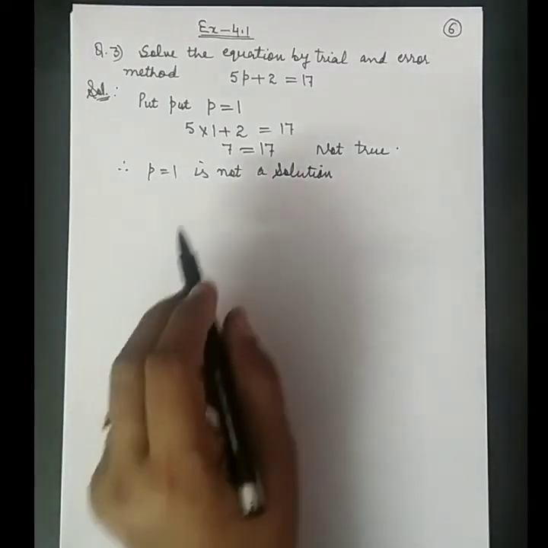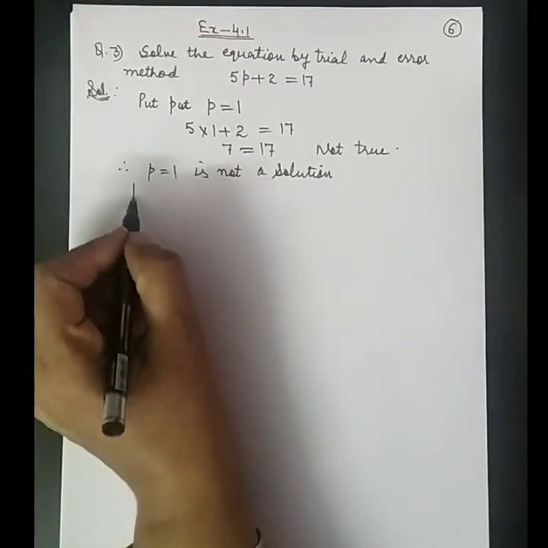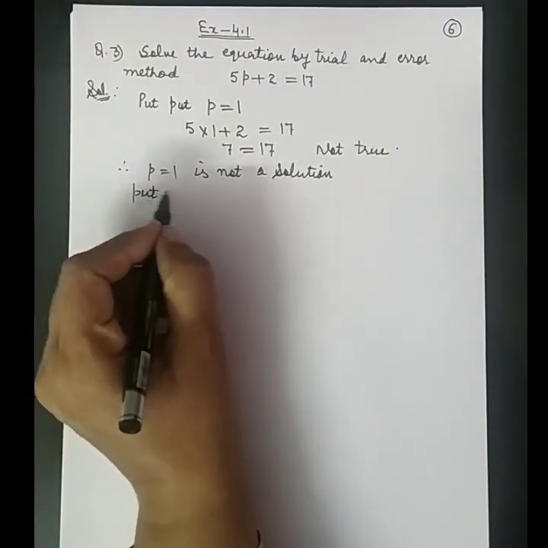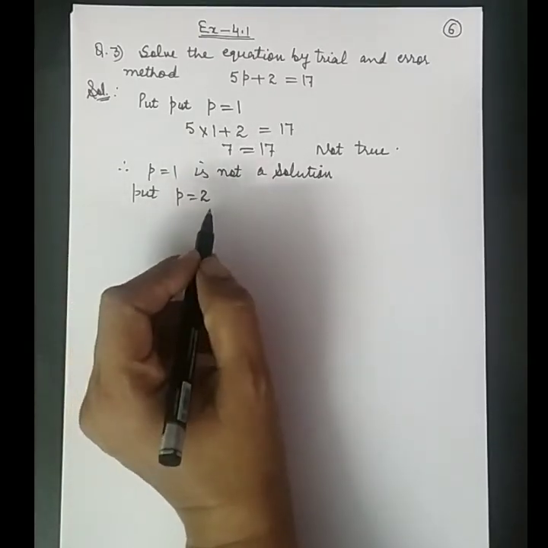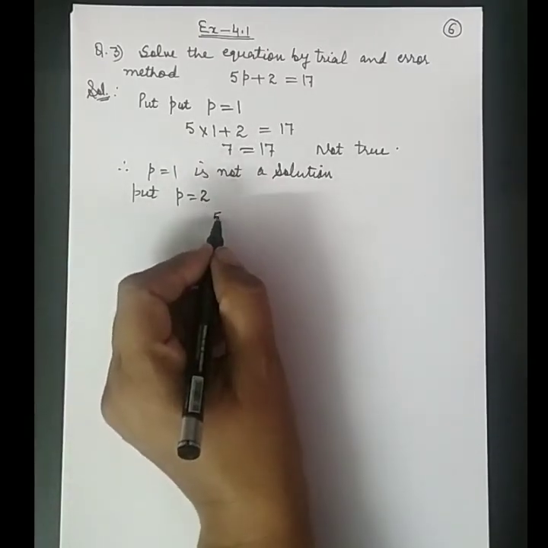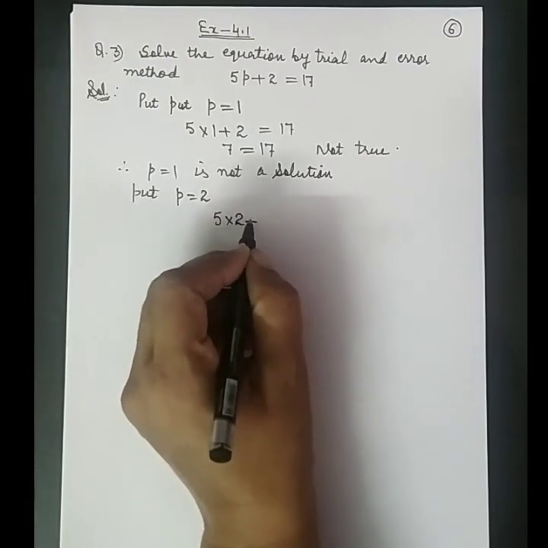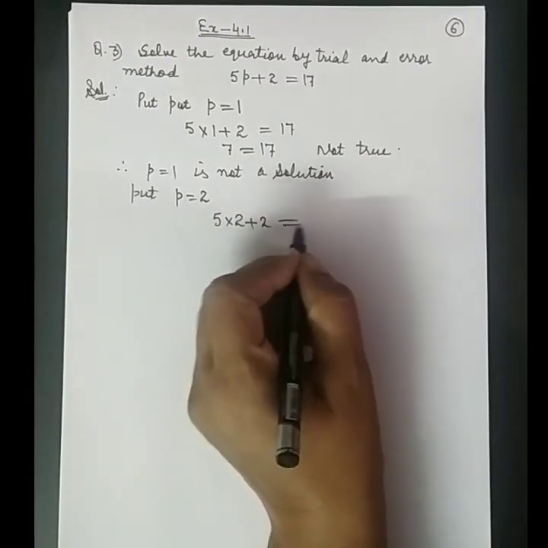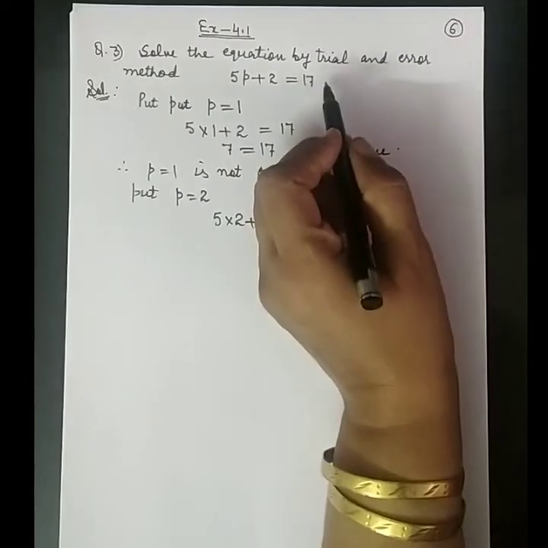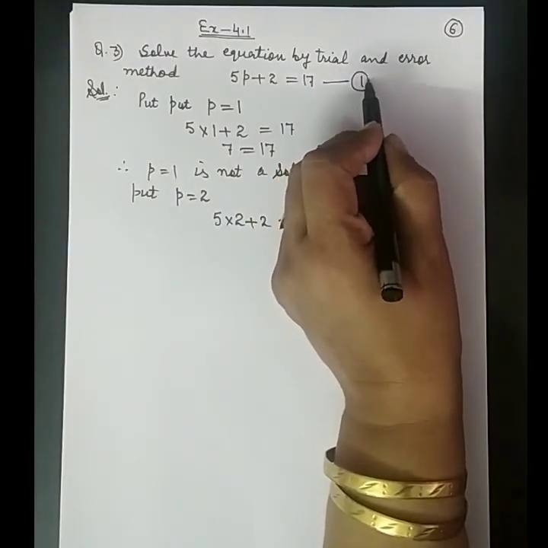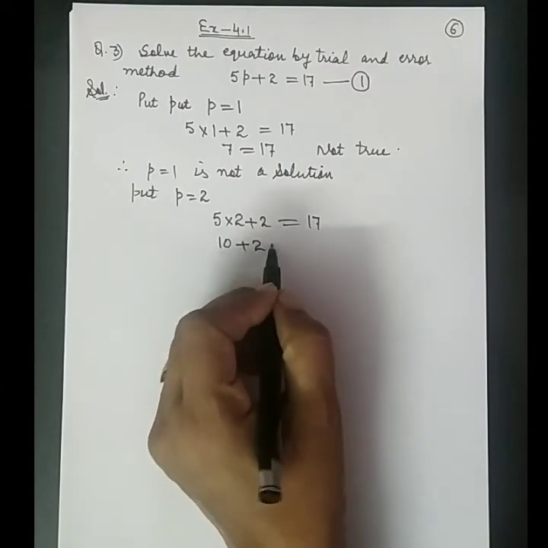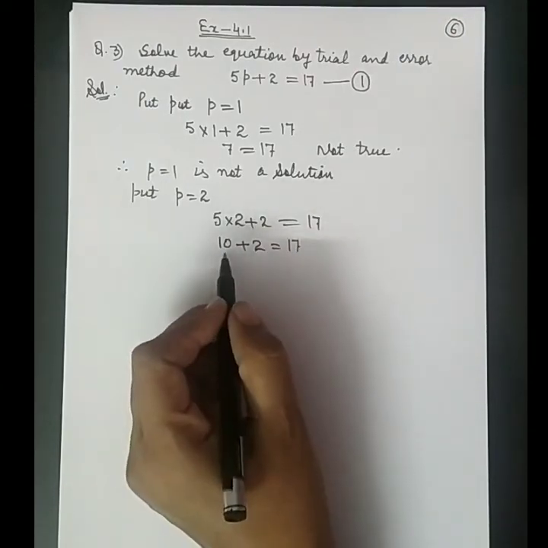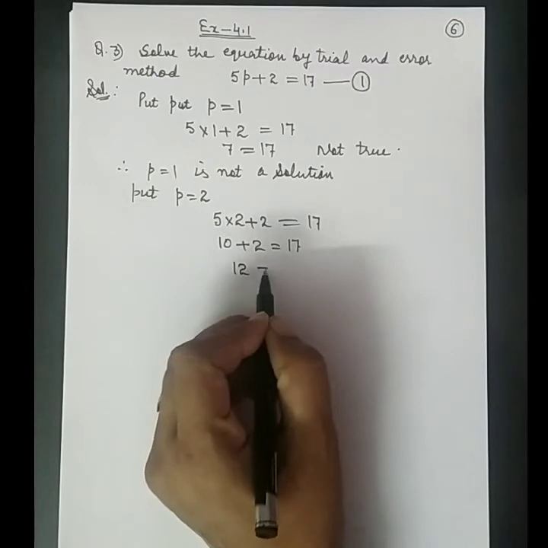Similarly, put next number. Let p is equal to 2. So put p is equal to 2. It will be 5 into 2 plus 2 is equal to 17. Always put in the statement equation. 5 2s are 10 plus 2 is equal to 17. 10 plus 2, 12.